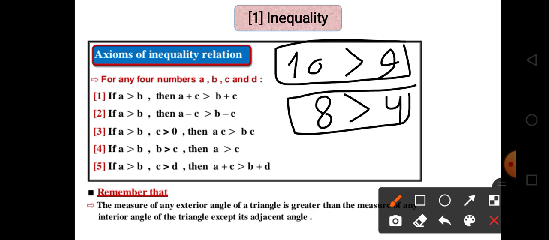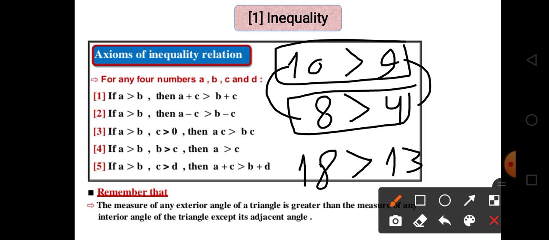Okay. If you add 10 plus 8 equal 18. 9 plus 4 equal what? Equal 13. 18 greater than 13. So if A greater than B and C greater than D, then A plus C greater than B plus D.